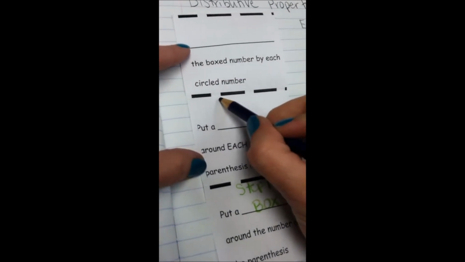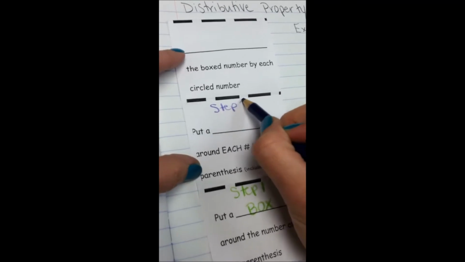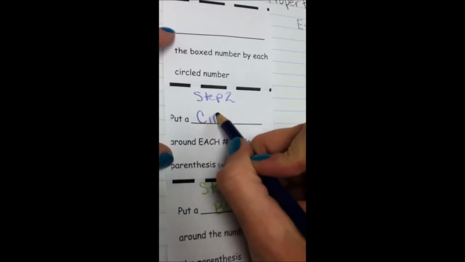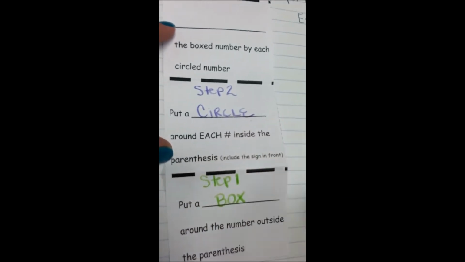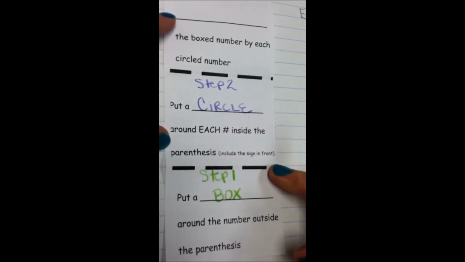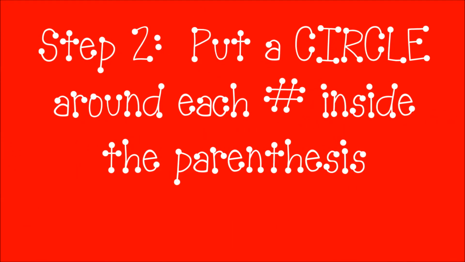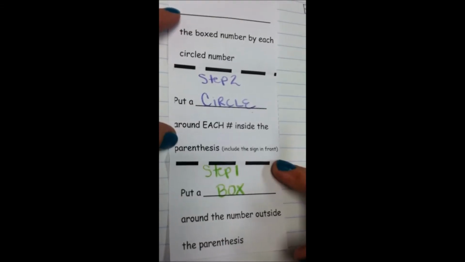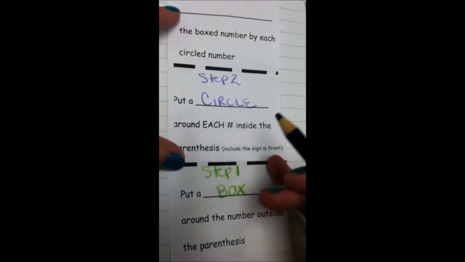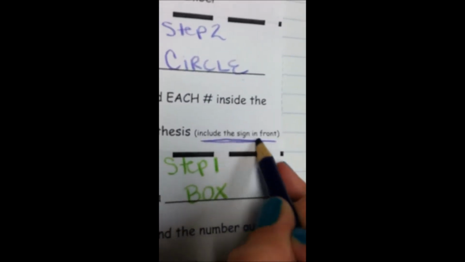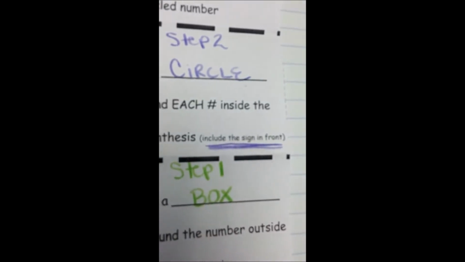Right above the purple, I'm going to write step 2, put a circle around each number inside the parentheses. It's really important at this step that when you circle the number, you always circle the number and the sign that is in front of it. That's a key part right there.